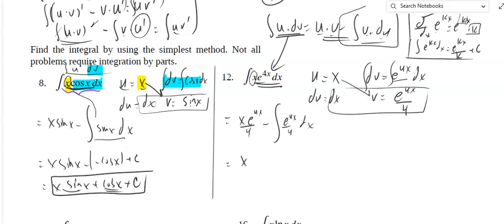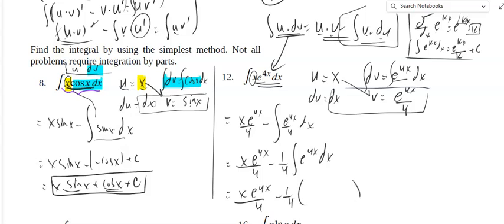So this is x e to the 4x over 4 minus 1/4 the integral of e to the 4x dx. That is x e to the 4x divided by 4 minus 1/4 of, again, if you took a derivative, that's e to the 4x times 4. Antiderivative, to undo the multiplying by 4, you divide by 4. And that is my answer.